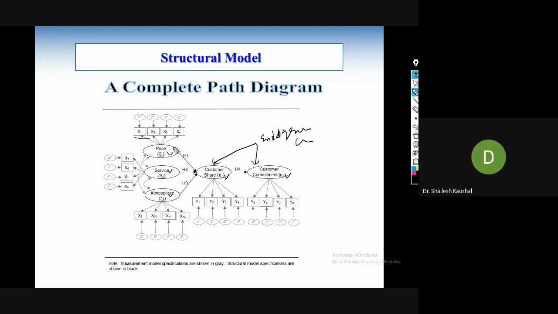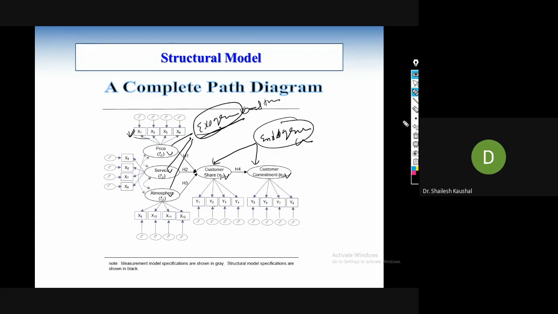What is the name of these three? Price, service and atmosphere: exogenous constructs. Each exogenous construct is a combination of three or more independent variables x1, x2, x3, x4. Endogenous means eta, y1, y2, y3, dependent. So exogenous means independent, endogenous means dependent.